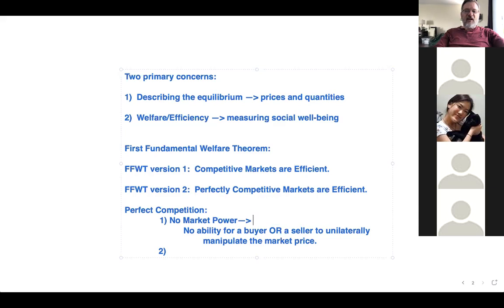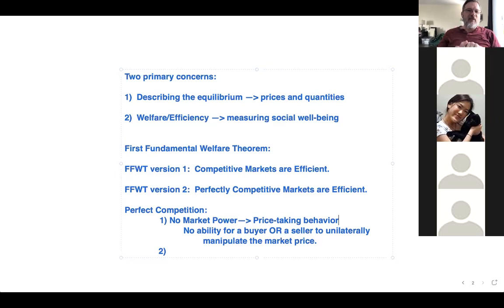But another way of saying no market power is that we see price taking behavior in the market participants.